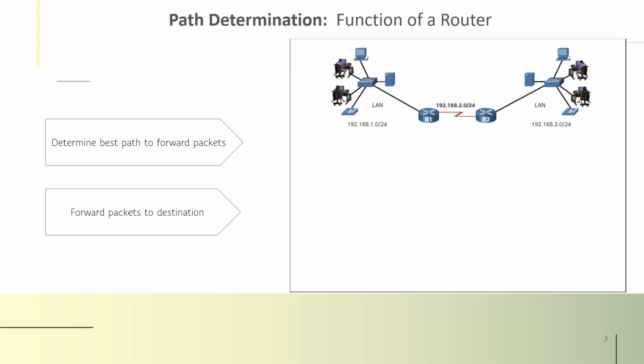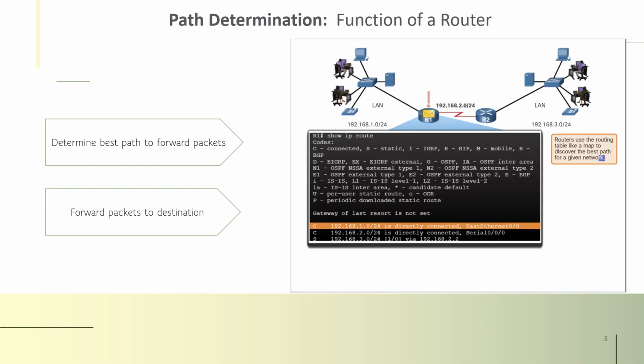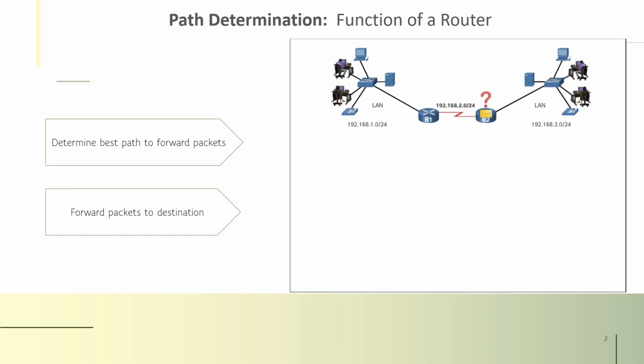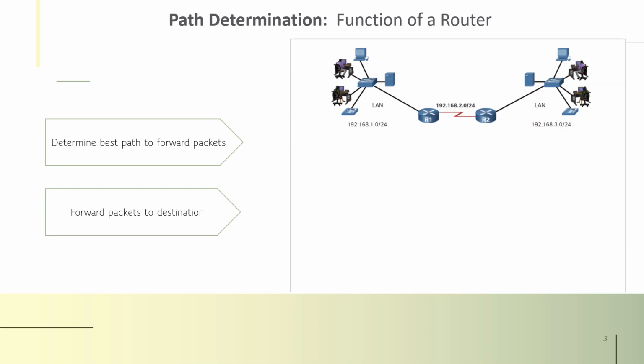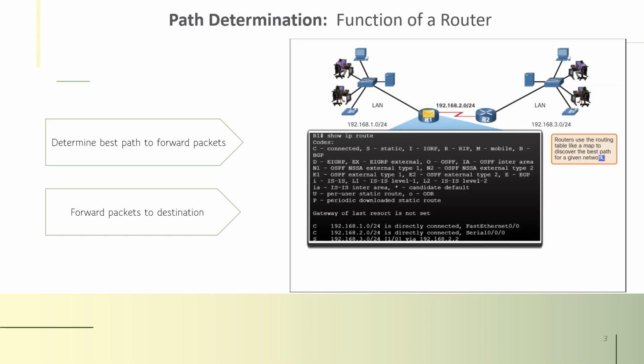And here we have a video that explains how the packets from network 192.168.1.0/24 will go to the router, and the router will check its routing table and will find where the destination network is. So it first forwards to router 2, and then router 2 will check the packet, and router 2 is connected with the final destination.